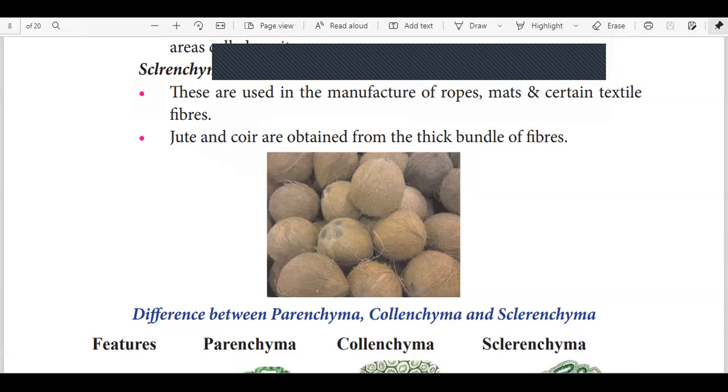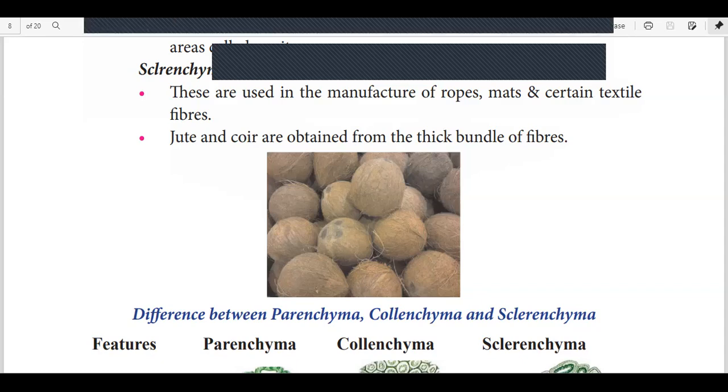Jute and coir are obtained from the thick bundles of these fibers. The coconut is made up of hard cells, but from the covering on top of it we make coir. So sclerenchyma has the dead cells of fibers, and their function is mainly in making ropes and similar products.